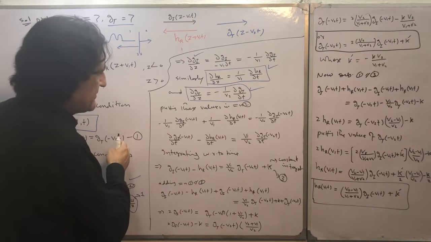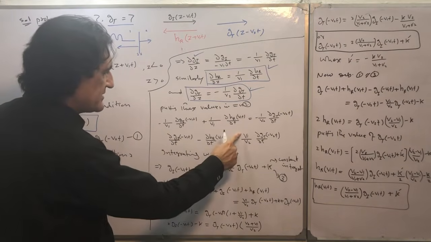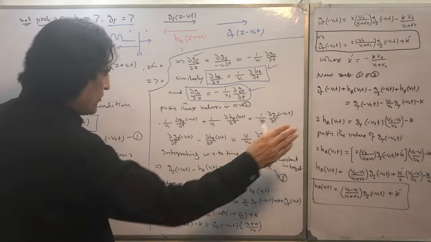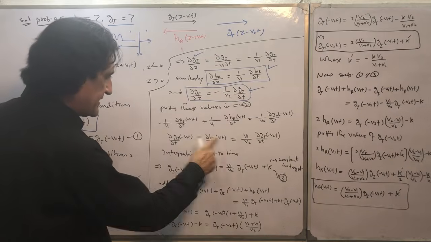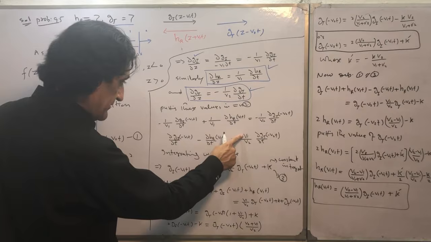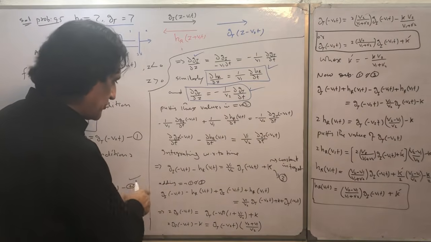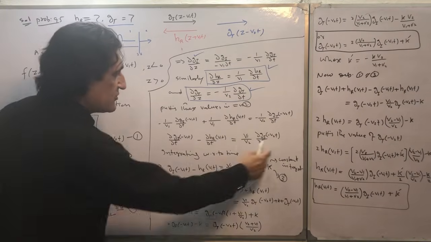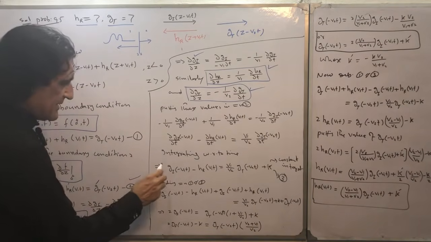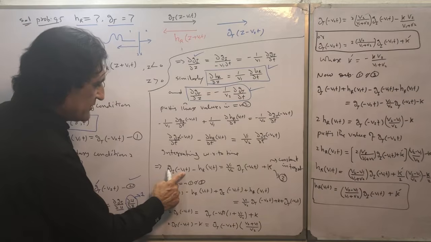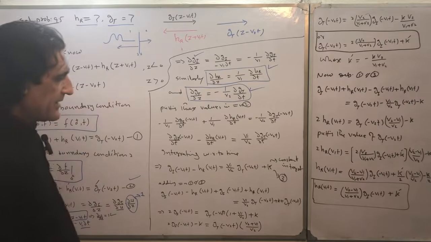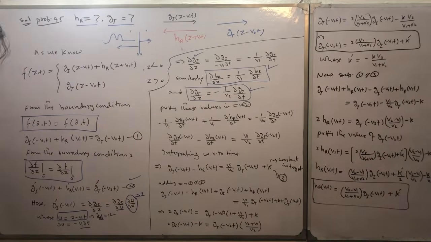After taking minus common, this minus will cancel with this minus, and then multiplying by V1 on this side, this V1 and this V1 will cancel out, and we will have V1 divided by V2. After integrating this equation with respect to time, we will have Gi minus HR equal to V1 over V2 times GT plus some constant of integration. This is equation number 3.